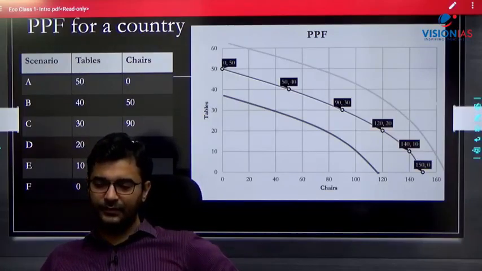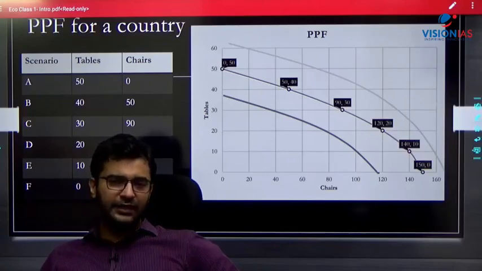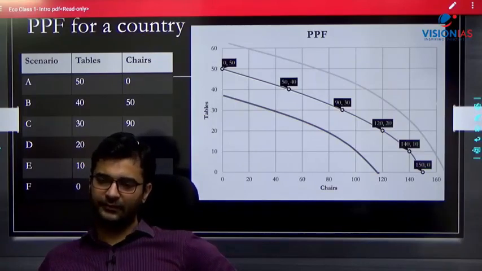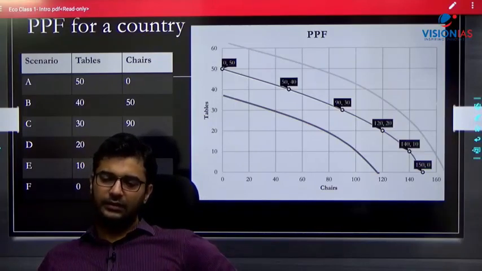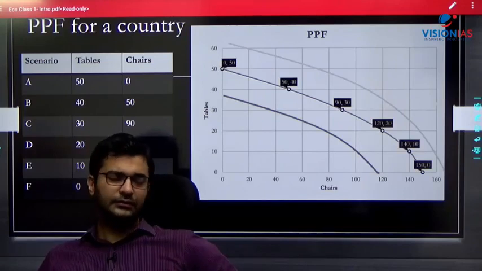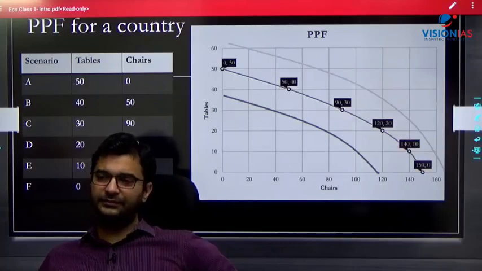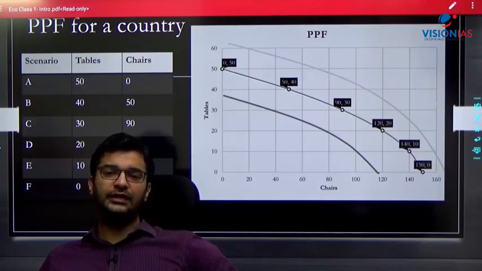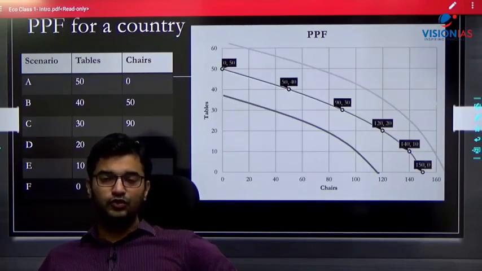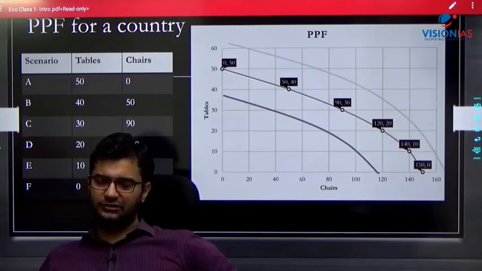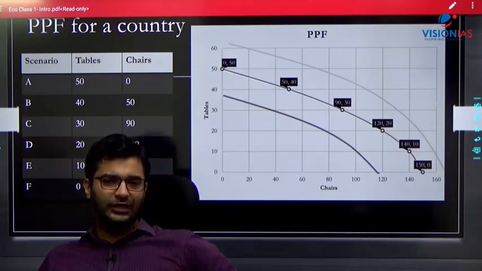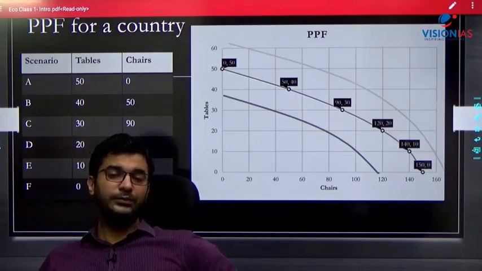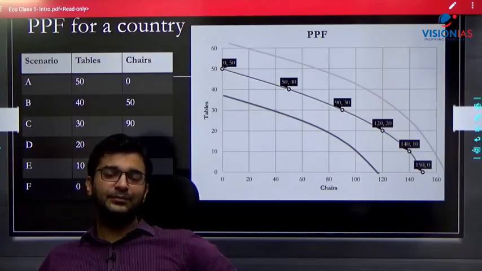A developing country like India probably would not be able to utilize its resources optimally at present.